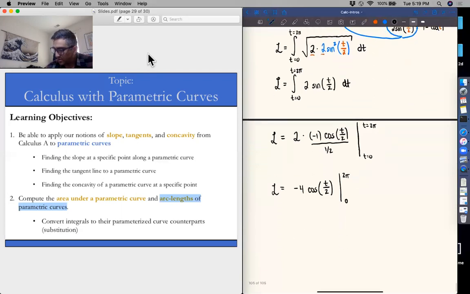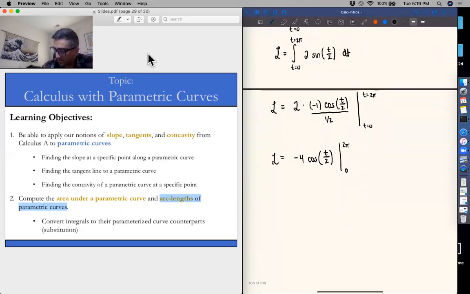So let's go ahead and put those values in. The length is equal to, evaluating at the upper bound, minus 4 cosine of 2 pi over 2. We subtract a negative quantity at the lower bound, so a negative negative will turn into a plus, and we have 4 cosine of 0. Cosine of 0 is 1, so we get a positive 4 from that second term.